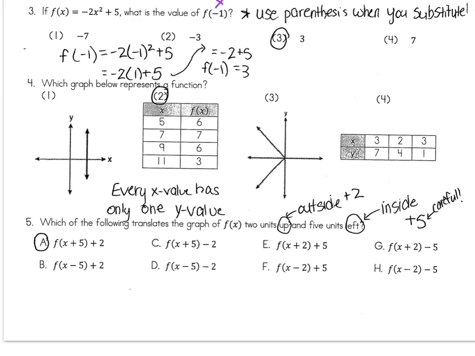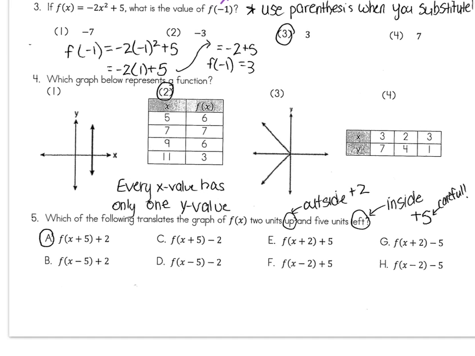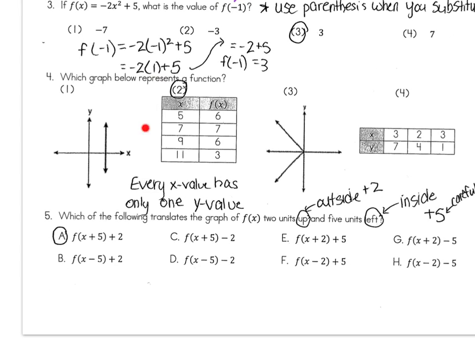All right, number 4, which graph is a function? Well, that would be the table in 2, because number 1, that's definitely not passing the vertical line test. Every x, this x value, whatever it might be, has infinitely many y values, definitely not 1.